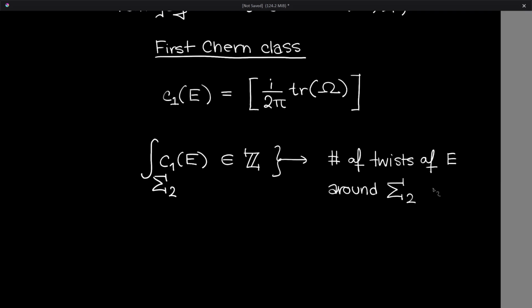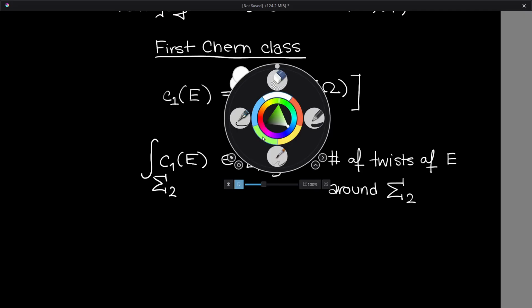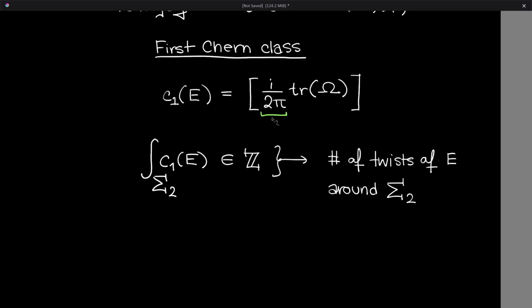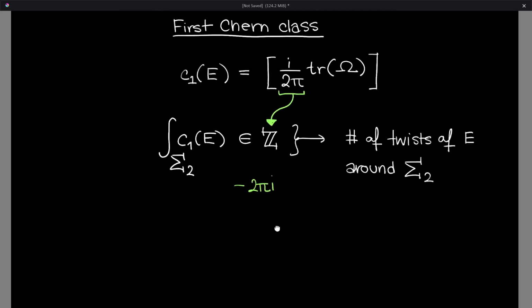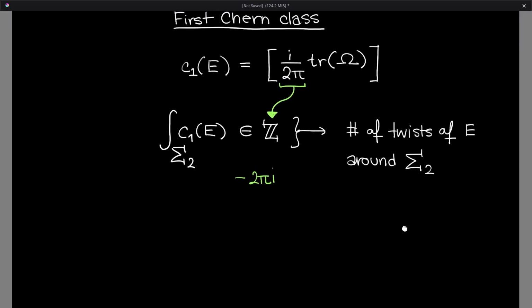And that's also, by the way, why we have this factor out in front. It's to normalize this and make sure it actually turns out to be an integer, because otherwise it would have a minus 2 pi i, something like that, multiplied out in front, which we are dividing out by that normalization, right?